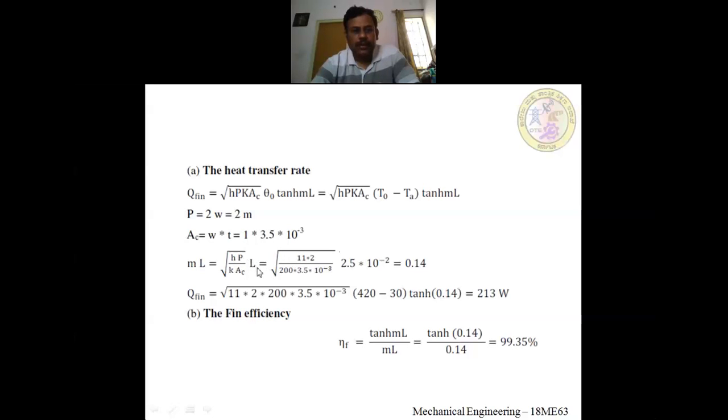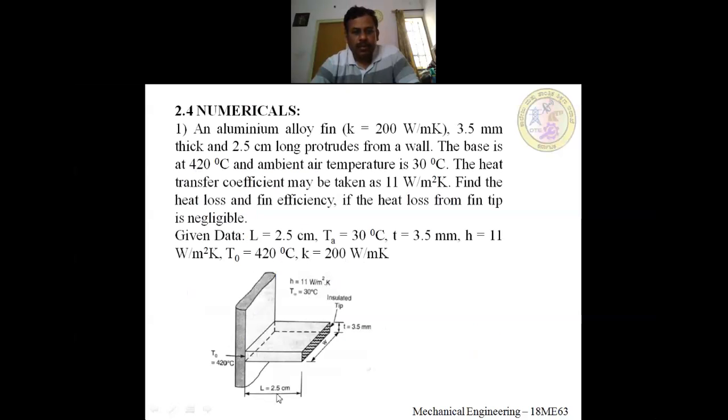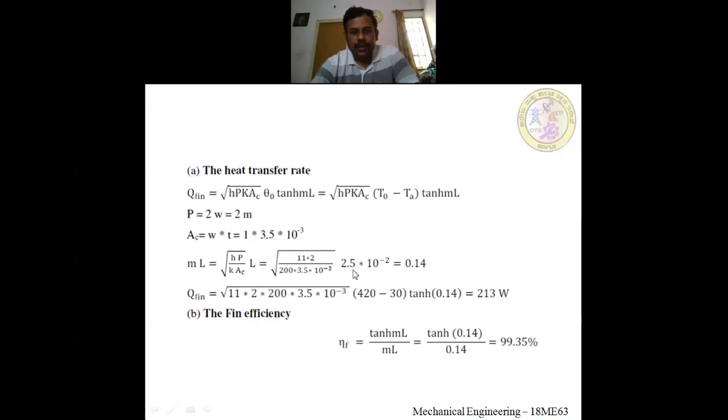Length has been given in the problem as 2.5 centimeter. So 2.5 into 10 to the power of minus 2 meters. In terms of meter, 1 centimeter is 10 to the power of minus 2. You are going to get 0.14.